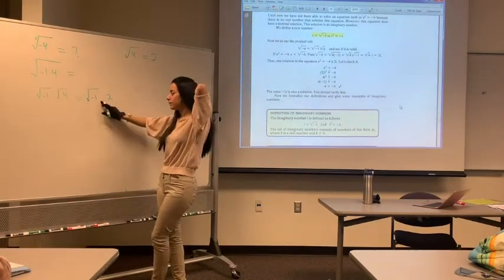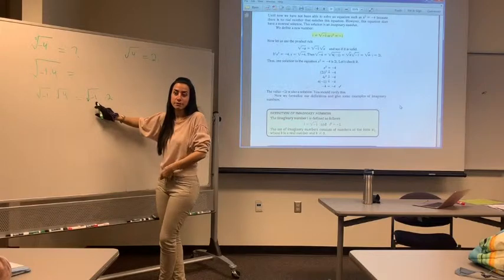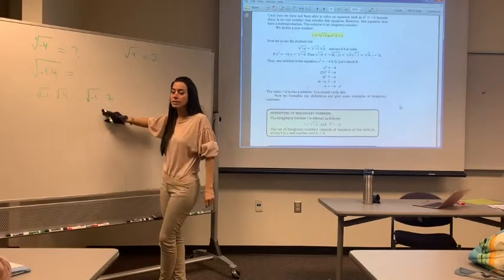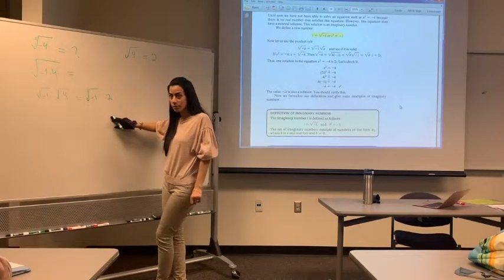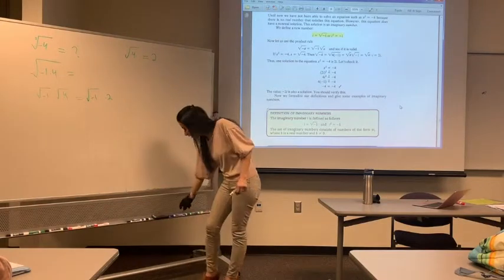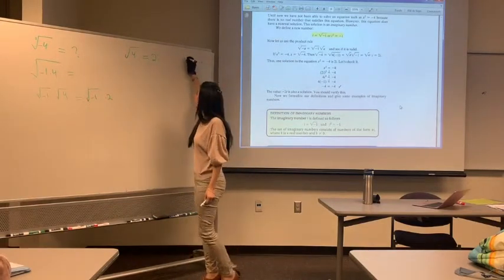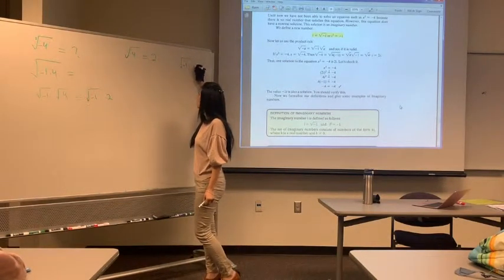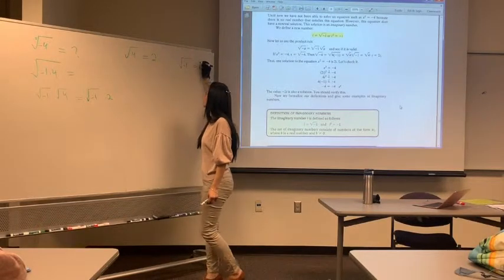This radical -1 you see here, we call this imaginary number. So we define it like this. Radical -1 is equal to i.